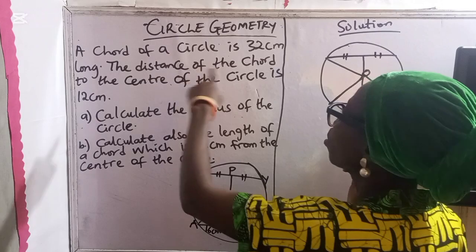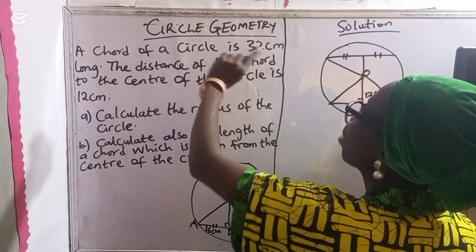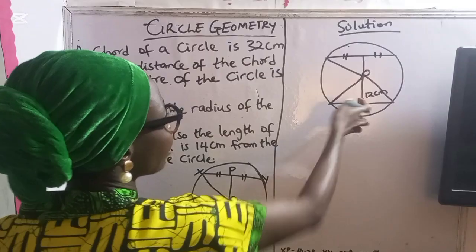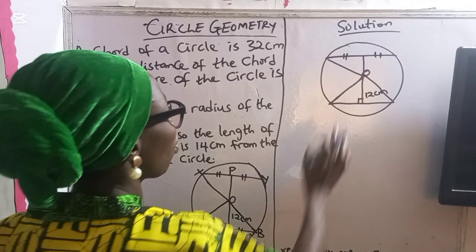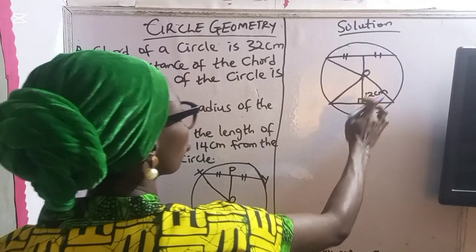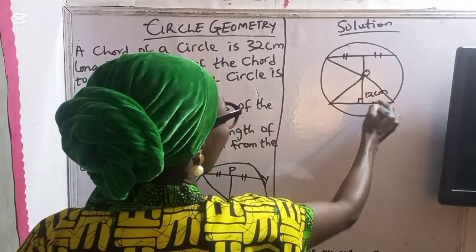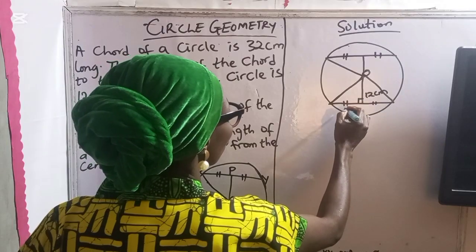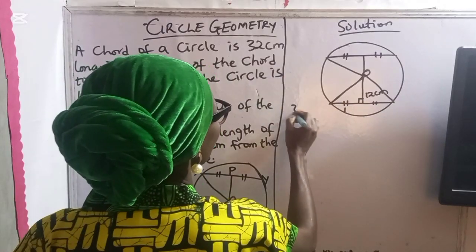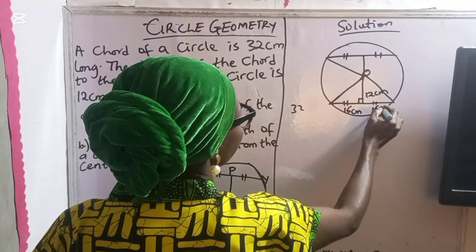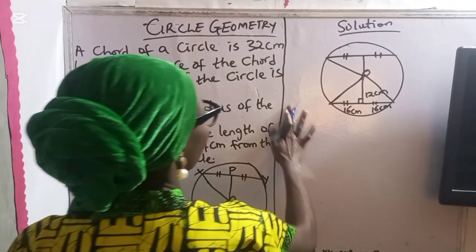The chord of the circle is 32 centimeters long, which means here is 32 centimeters long. But because this segment line has bisected it into two, we have to divide the number into two. 32 divided by 2 is 16. That's why we have 16 centimeters here, 16 centimeters here.